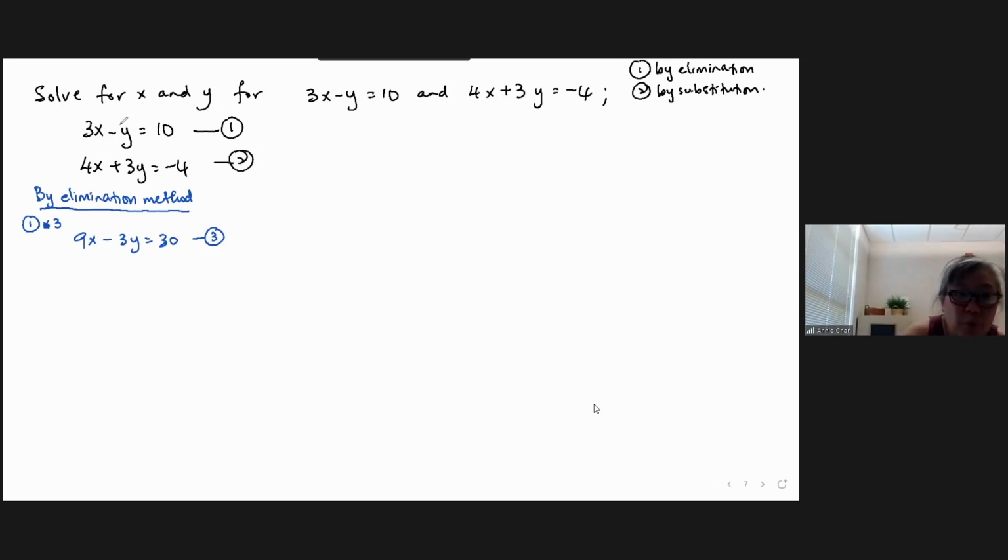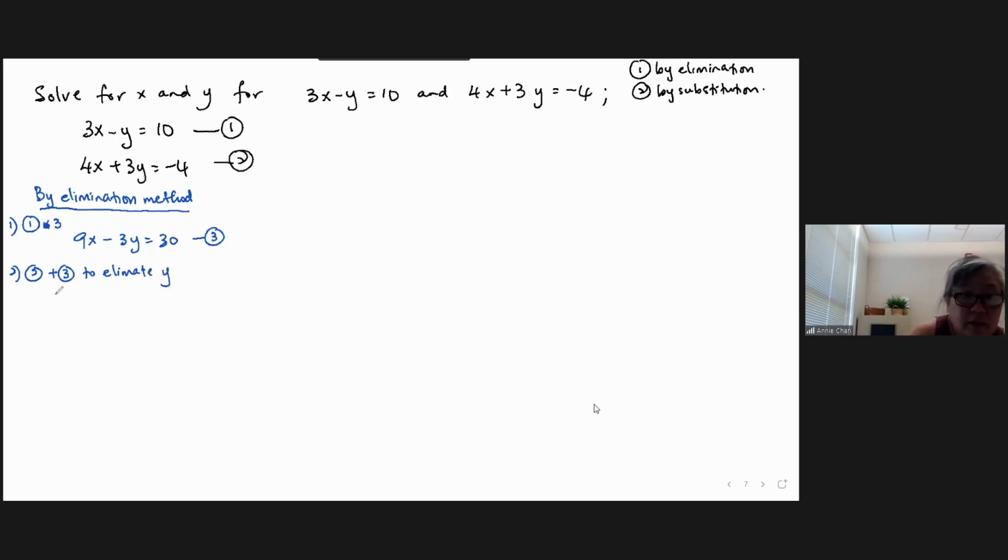So now my y has the same coefficient and I want to eliminate y. So this is the first step. My second step, take equation 2 plus equation 3 to eliminate y.